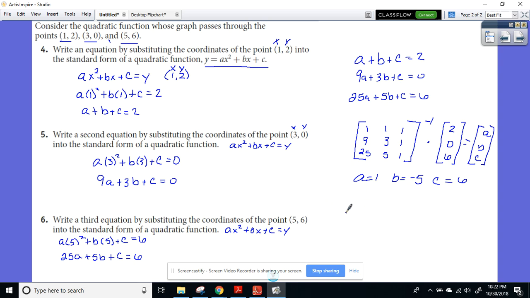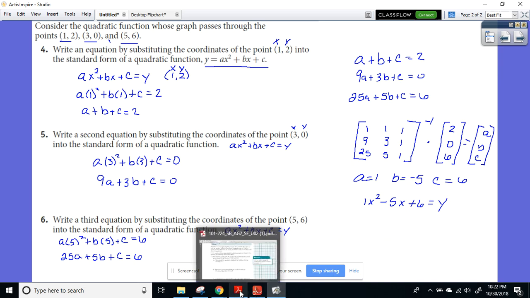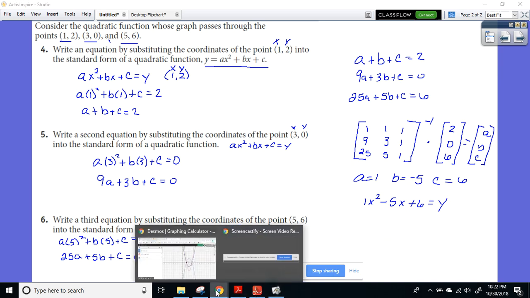That means that my equation that will pass through the points 1, 2, 3, 0, and 5, 6 is 1x squared minus 5x plus 6 equals y. To check it, to show you that it's going to pass through those 3 points, I'm going to go to Desmos.